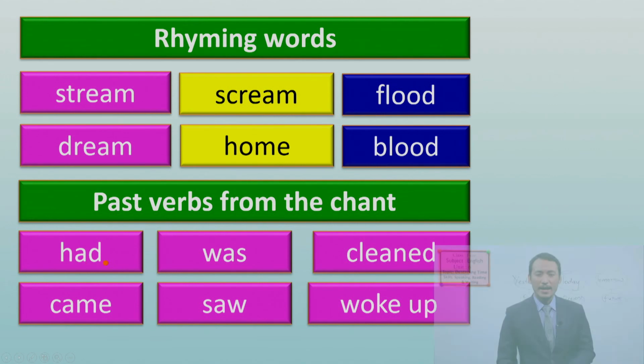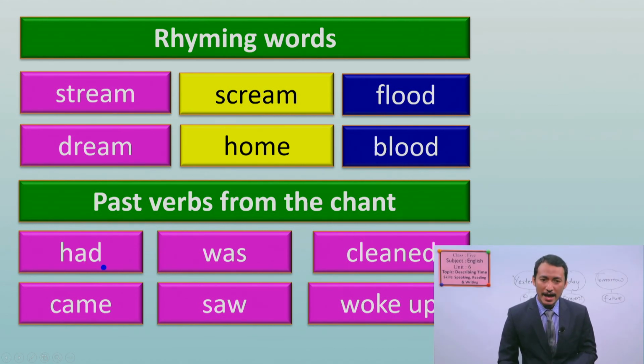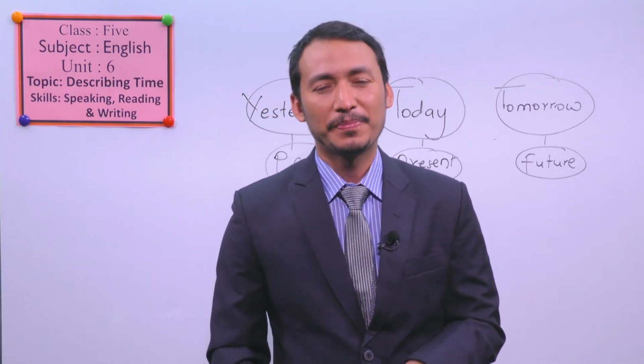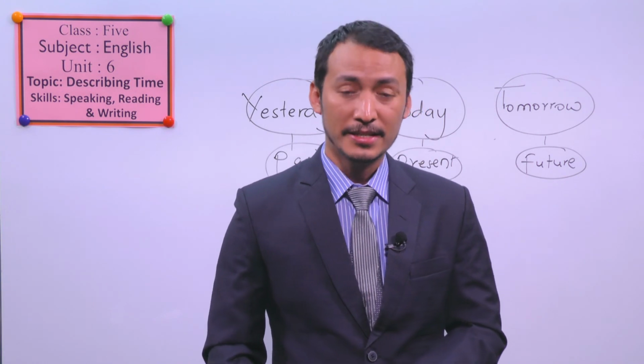Had has the present verb have, was has the present verb is, cleaned has clean, came has come, saw has the present verb see, woke up has the present verb wake up. Okay, so these are the past verbs of those present verbs. Are you clear, students? We will see it later too.